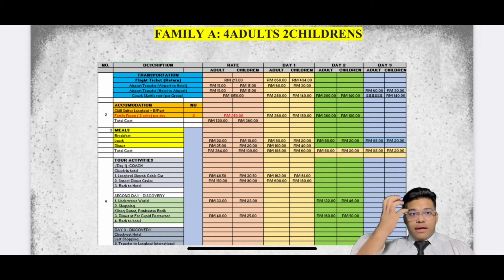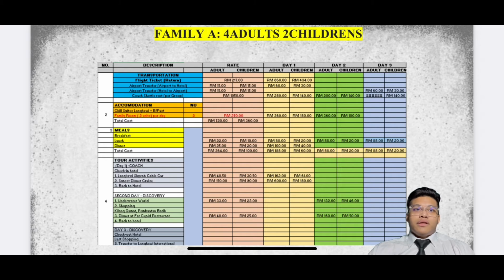For the sunset dinner cruise, it is RM 150 for adult and RM 90 for children. Day 1 RM 600 for adult and RM 180 for children.